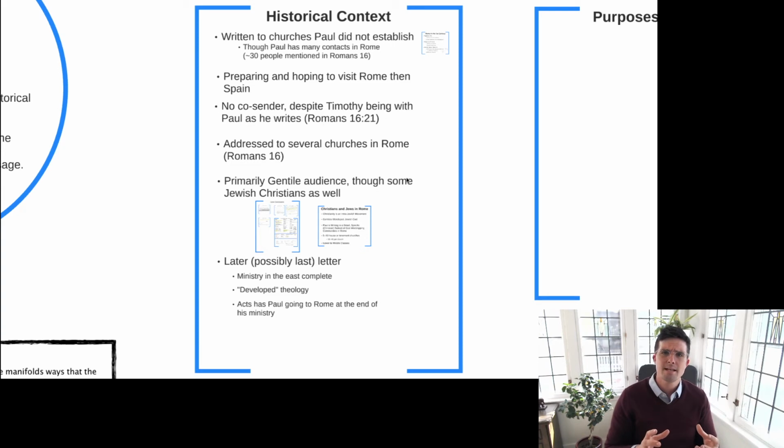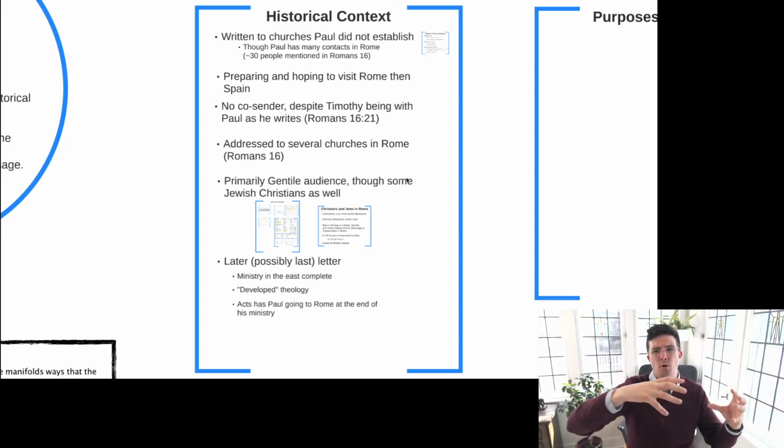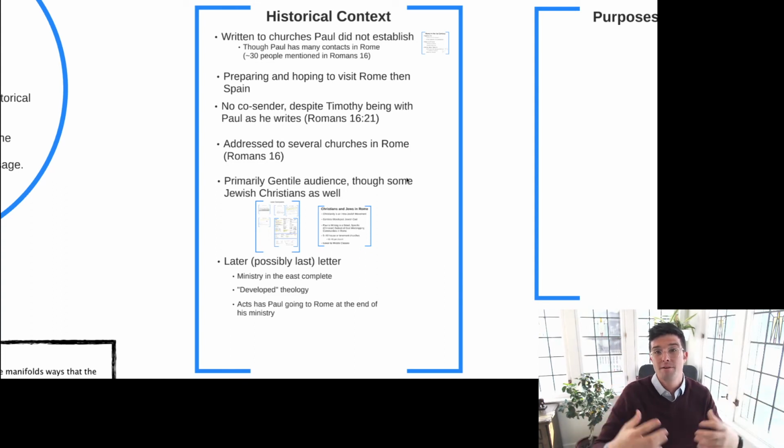And we get this not only from the sense of what happens in Acts, with Acts having Paul go to Rome at the end of his ministry, and Acts ends there, but also from the fact that we have this developed theology in Romans. Paul really takes what he says in a number of other letters and expands it out in this accordion fashion, where he gives a lot more information about his theology in Romans.